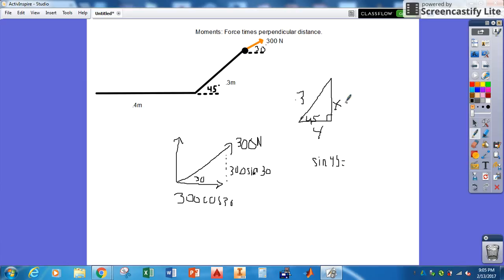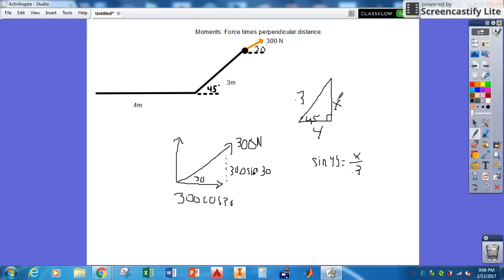equals opposite, which is x, over the hypotenuse, which is 0.3. When you multiply those together and plug it into your calculator, make sure you're in degrees, you get 0.212.